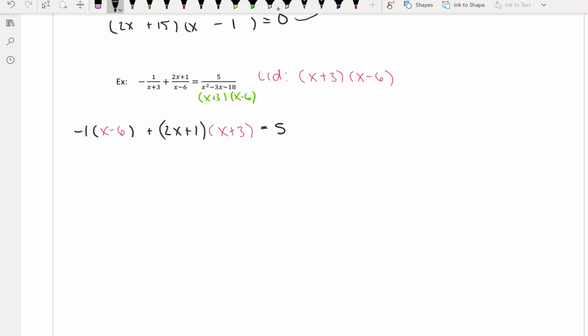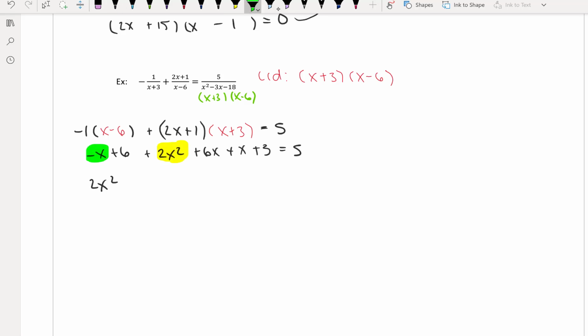So now I'm going to distribute and try to make sense of this. Oops, I forgot that I was foiling here. I went too fast and furious. So when I'm foiling, I'm going to have a 2x squared plus 6x plus x plus 3 is equal to 5. So I have my 2x squared, that was the only squared term.